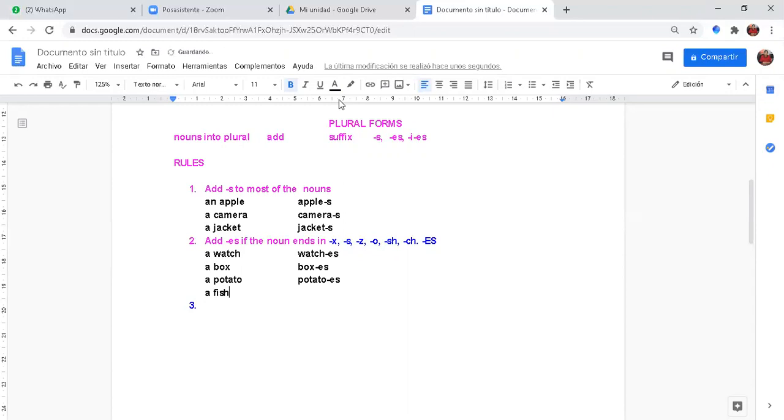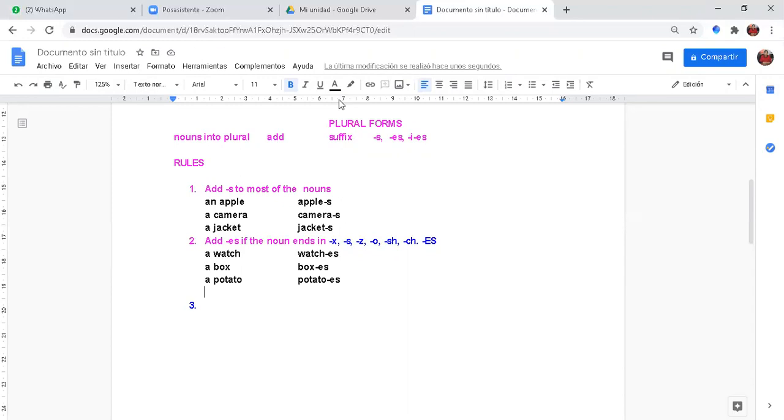Example, fish. No, we're not going to use that. This is an irregular, it depends on the context. Not all the time can we say fishes. It's an irregular exception noun. Then I will explain that.